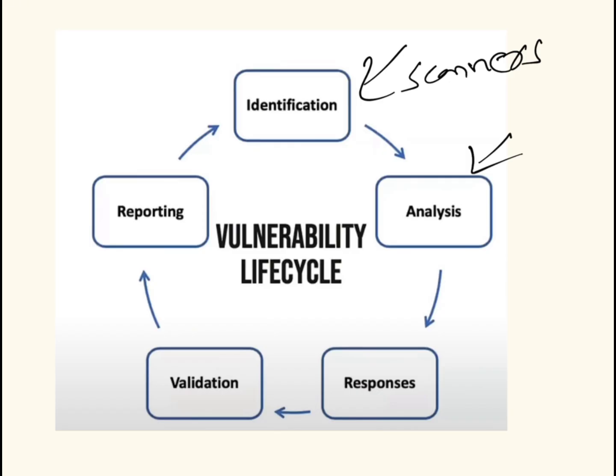So we need to also check about risk level, CVSS scores. We will discuss CVE and CVSS scoring system. So we need to analyze whether that system could be exploited.